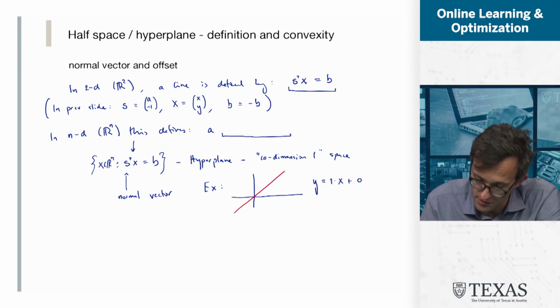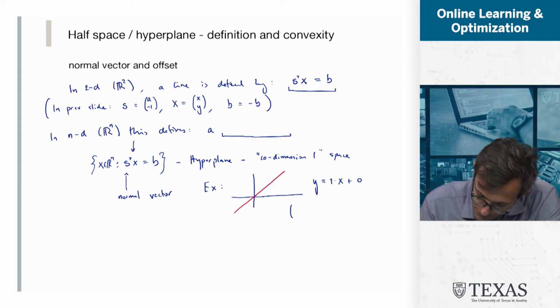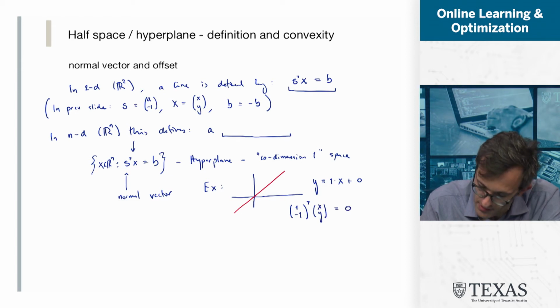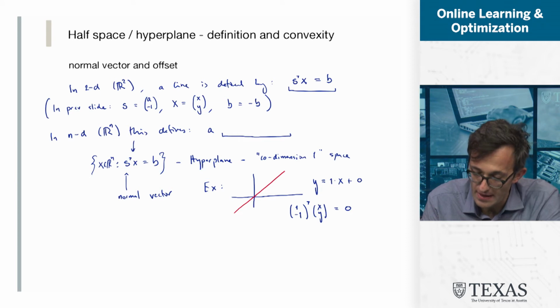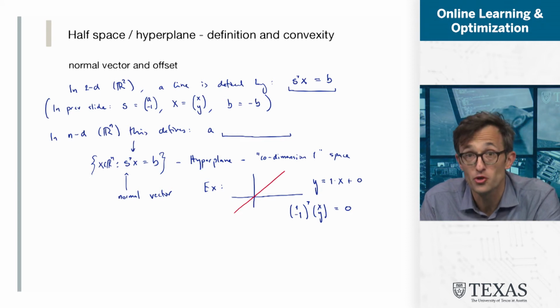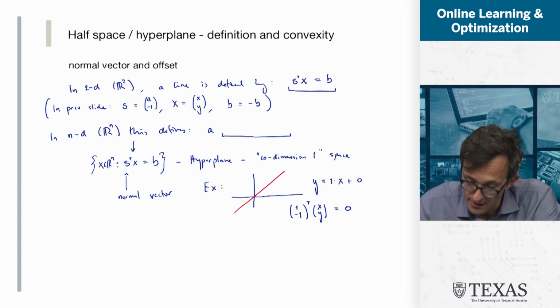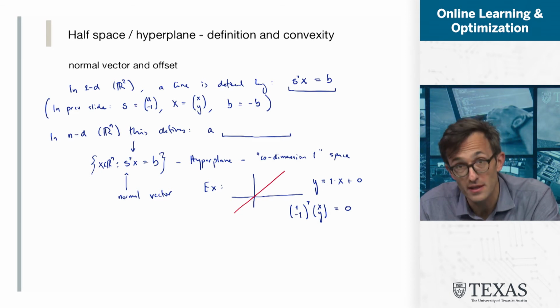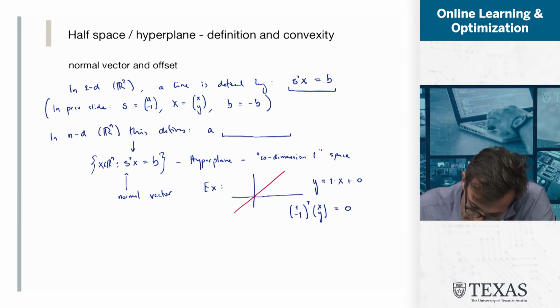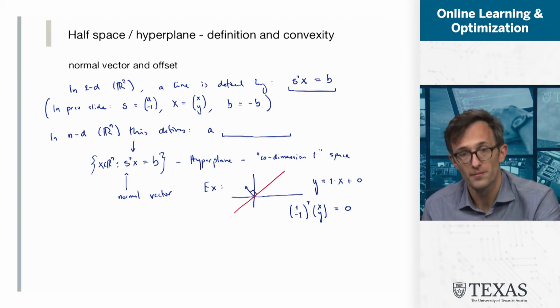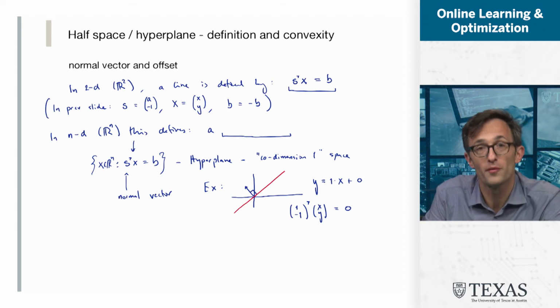Or in other words, to write it in my notation here, I would have [1, -1] transpose [x, y] equals 0. B is equal to 0, S is equal to [1, -1]. Let's draw [1, -1] and see. Is it the vector parallel to this line? No. It is exactly this vector, which is normal. So this is called, again, the normal vector.